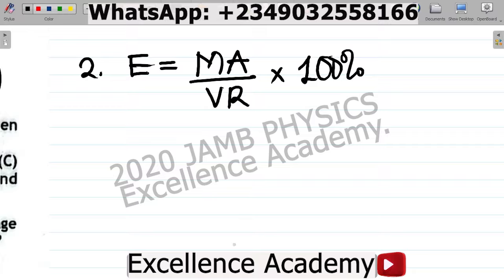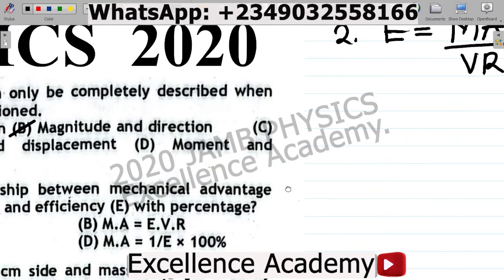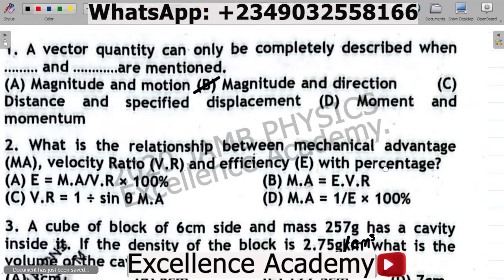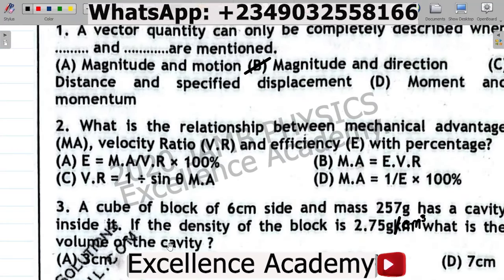So here is the relationship. E equal to MA over VR times 100%. That's option A. So A is the correct answer.